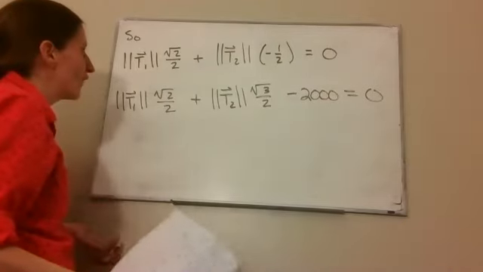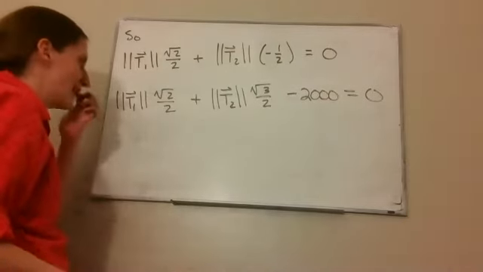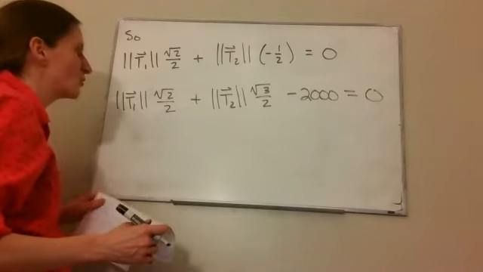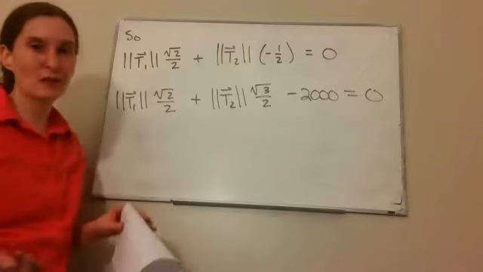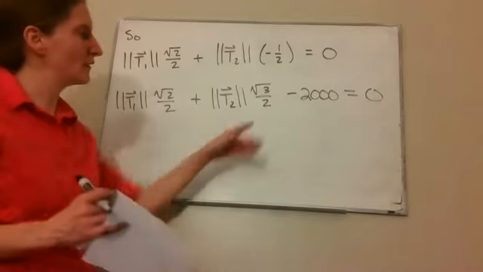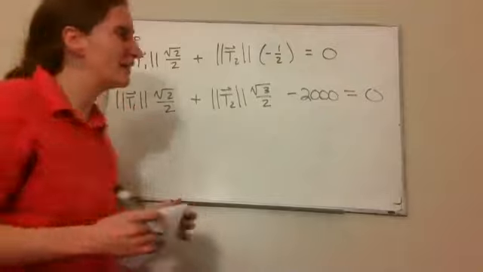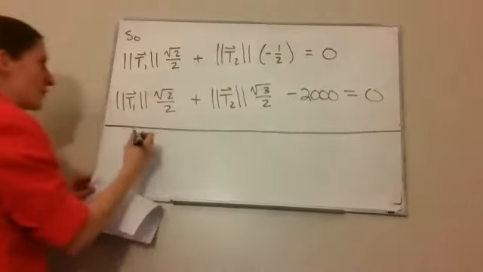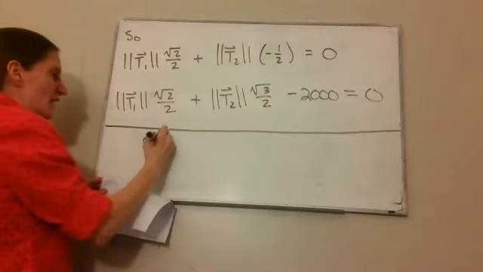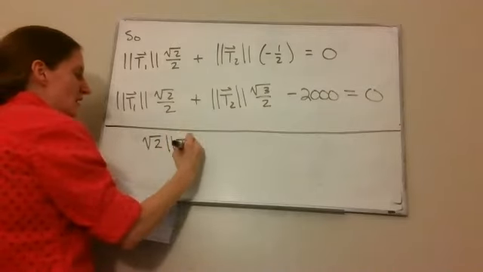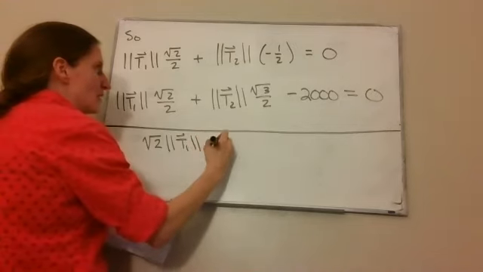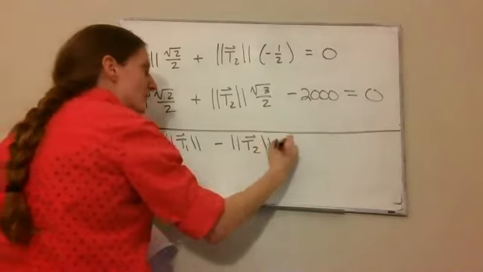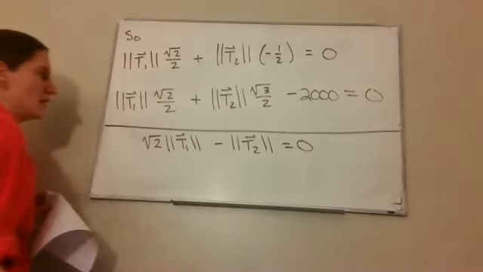So now I just have to solve this system of equations. And to make everything look a little bit easier, I'm going to go ahead and multiply everything in these equations by 2. I'm also going to move this 2,000 over to the right side. So my first equation, when I multiply everything by 2, I get a square root of 2 times magnitude T1 minus the magnitude of T2 equals 0.